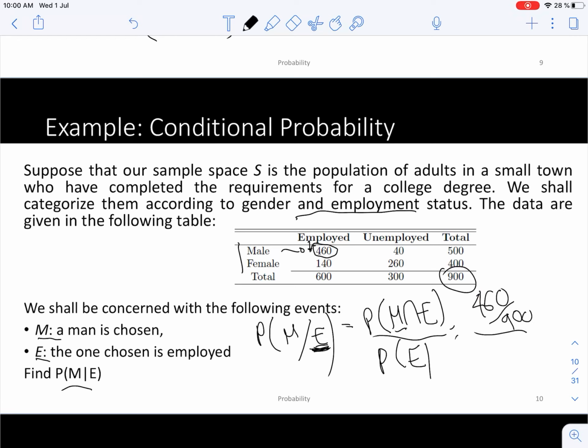And the probability of employed is how many people we have employed, 600, divided by the total, 900. So 600 divided by 900. So that will give you the probability of 460 over 600. And of course, you can cancel some zeros and all that stuff.